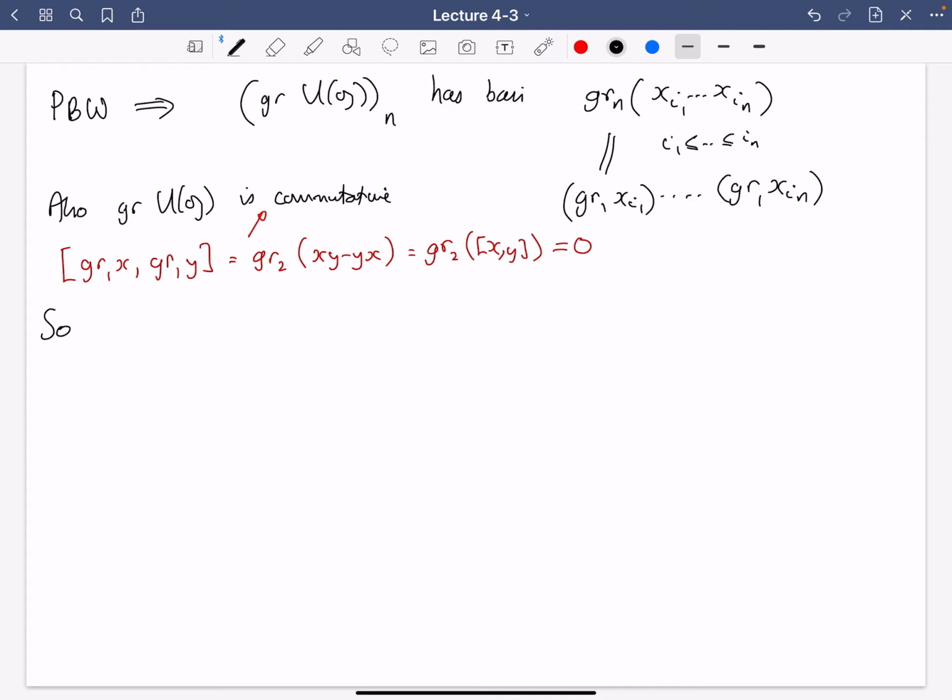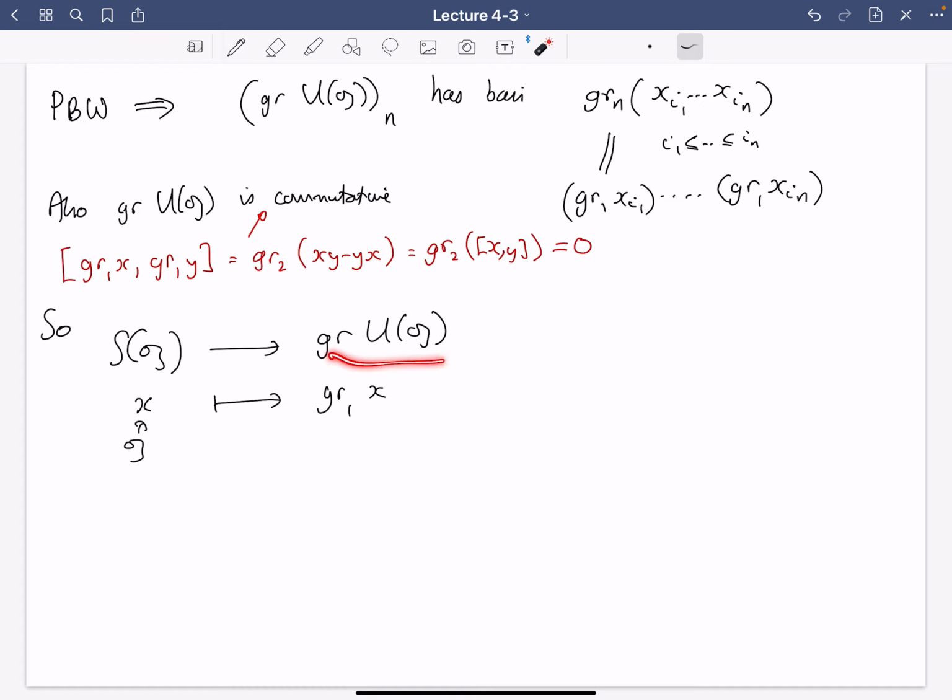So that's the check of commutativity. By the universal property of the symmetric algebra, you get an algebra homomorphism from S(g) to gr U(g), sending an element x in the generating vector space g to gr_1 of x. There's such a map because this associated graded algebra is commutative.